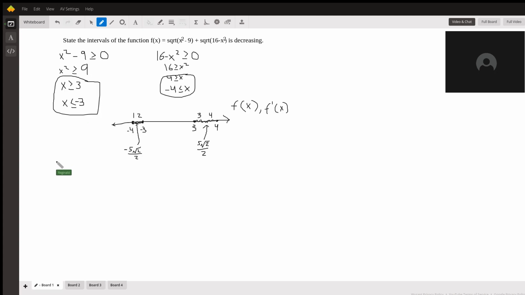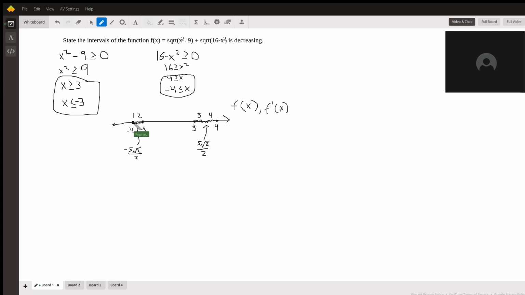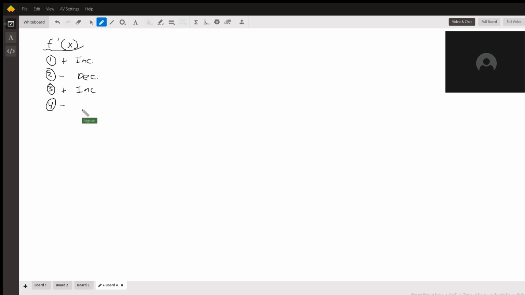My guess is that 4 is going to be negative. I think you get the idea: you just pick random numbers that fall within the interval. So I would say that 4 is decreasing. So intervals 2 and 4.